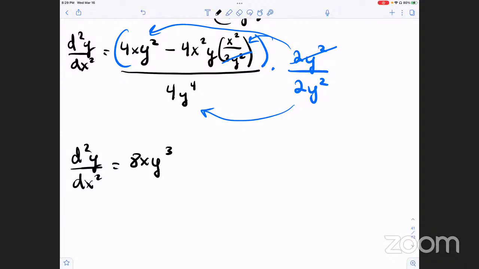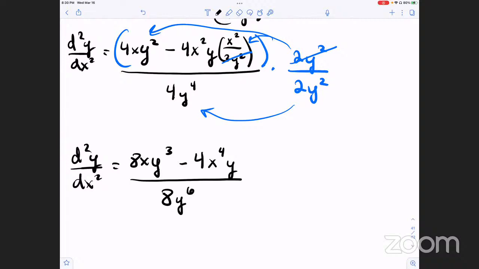Then what's left there is x to the 4 over 4 times 2, which is 8y. We're multiplying, so we add the exponents, right? So y to the 6.